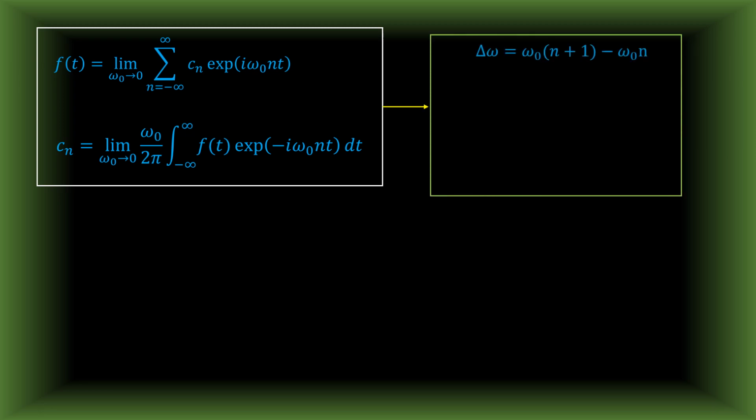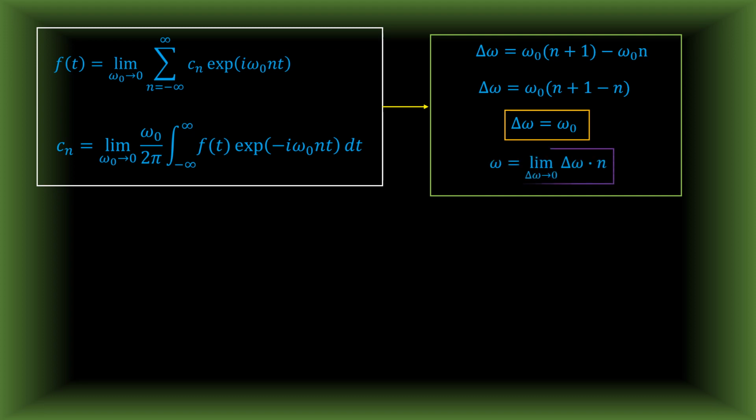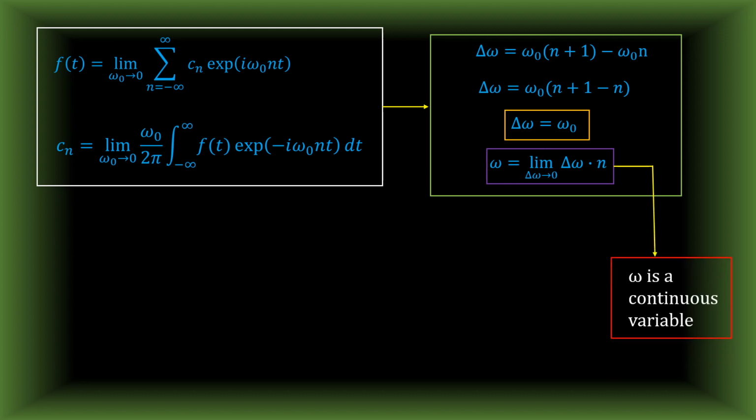In the green box, we will define a variable called delta omega, and this will be the difference between omega naught multiplied by n for the next value of n and the current value of n. And we will see that delta omega is equal to omega naught. We will also define omega, which is the limit as delta omega approaches 0 of delta omega multiplied by n.